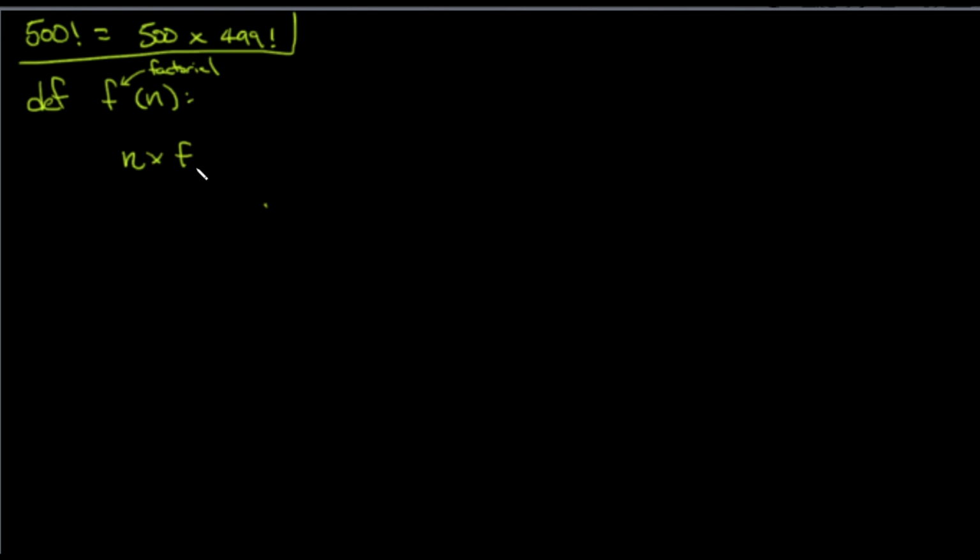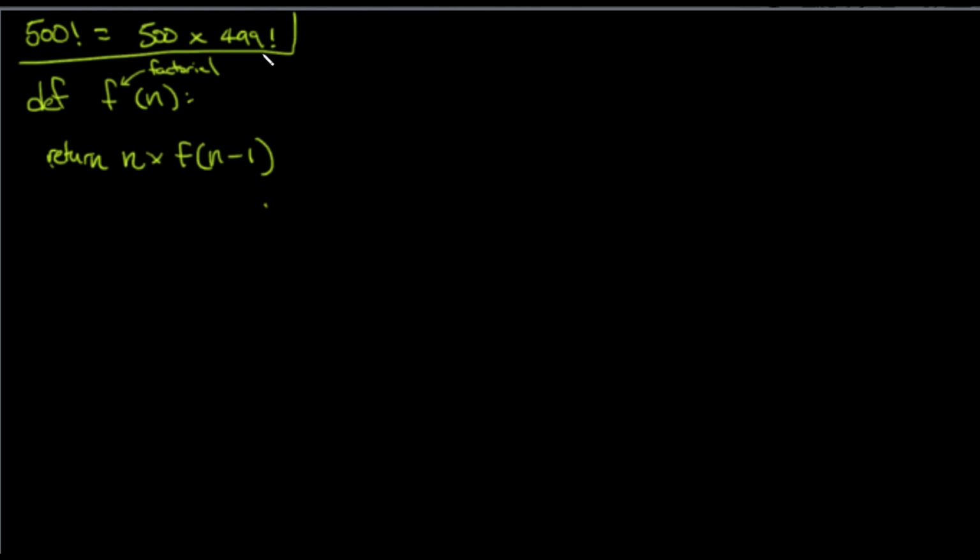In other words, we want n times f of n minus 1. And all we're going to do, let's not do output, let's do return. We're going to return n times f of n minus 1. Right? This statement right here is the same as this statement right here.